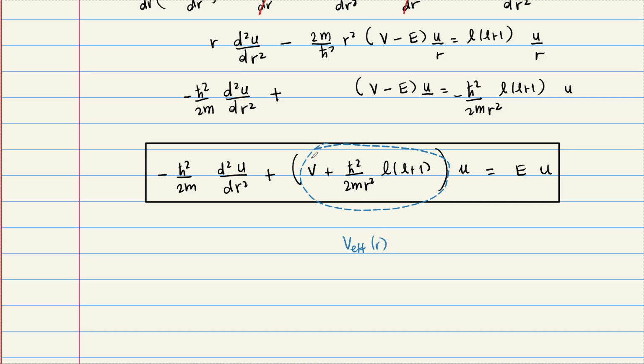So the effective potential has the usual interaction V, which is given to us, but also you can see there's this 1 over r squared term, which is positive, right? So this piece is going to be the centrifugal term. It's going to push the particle out of the center.